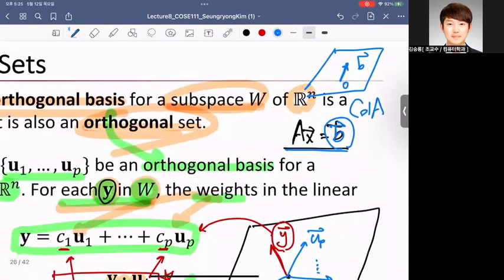Then what was the solution for Ax equals b in this geometrical understanding?